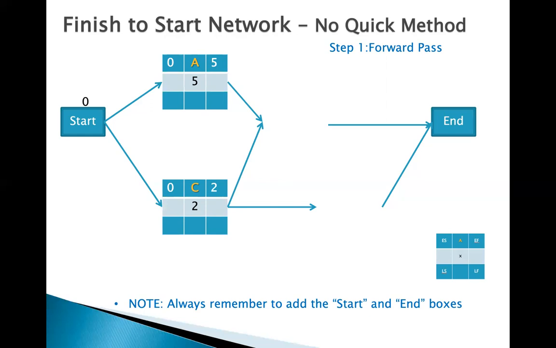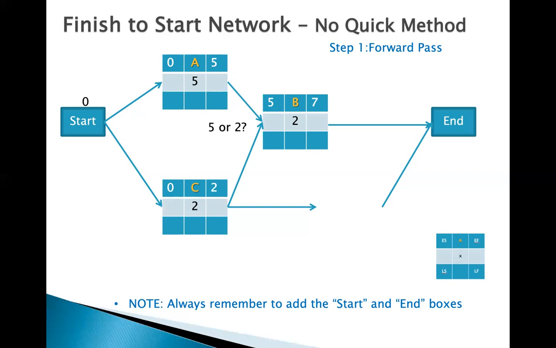For activity B, it's a little bit more complex because we have two early finishes before activity B can start. In this case, the rule for the forward pass is that you need to select the maximum, the biggest number. So what will be the early start of activity B? Will it be 5 or 2?